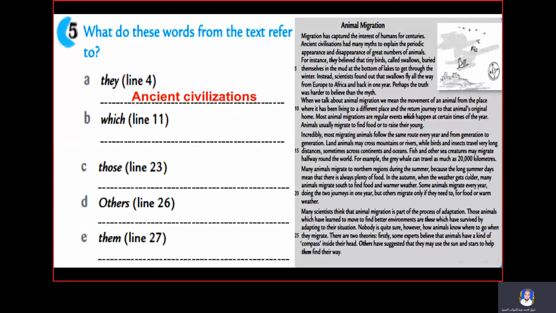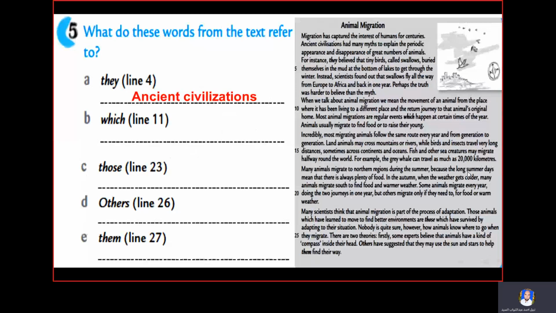Line 11, which. You have to read the sentence from the beginning. When we talk about animal migration, we mean the movement of an animal from the place where it has been living to a different place and the return journey to that animal's original home.